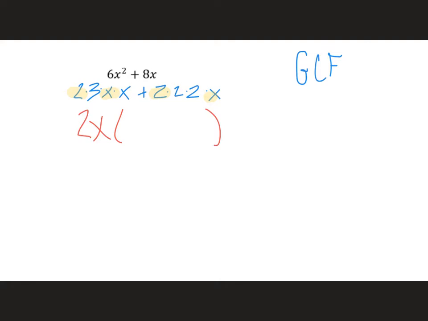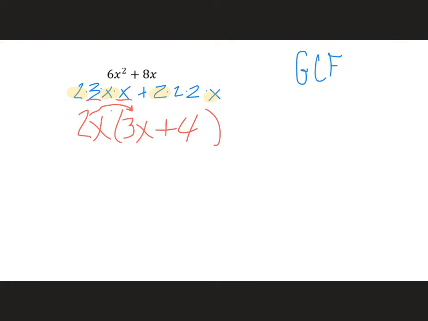So you want to think about, if I were to distribute 2x back into this parentheses, what would need to be there so that I would still have 6x squared plus 8x? So 2x times the remaining part here of 3x, 2x times 3x would be 6x squared. Then 2x times 4 would give you 8x.